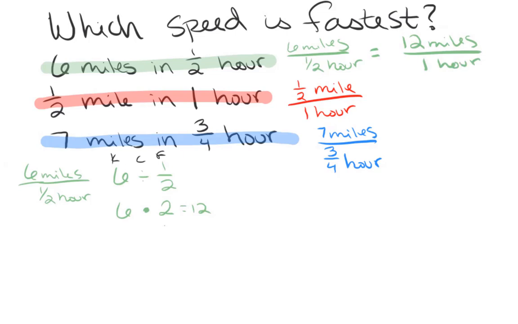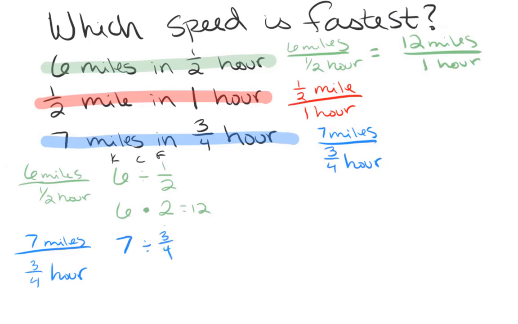Looking at my next rate of half a mile in 1 hour, I notice that it's already written as a unit rate because the denominator is already equal to 1. So I don't need to change this one at all. And then for the last one, 7 miles over 3/4 of an hour is a complex fraction, and I want to change it to a unit rate. Because fractions are just another way of writing division problems, I can rewrite this as 7 divided by 3/4.